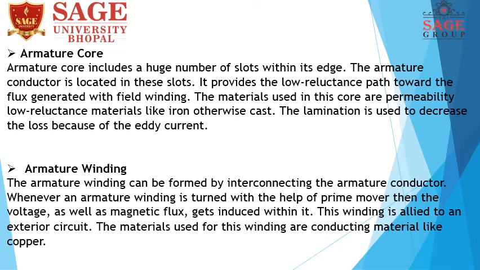The armature core material is a high permeability, low reluctance material like iron and cast steel. The armature winding is formed by interconnecting the armature conductors, and it is turned with the help of a prime mover, producing voltage as well as magnetic flux.